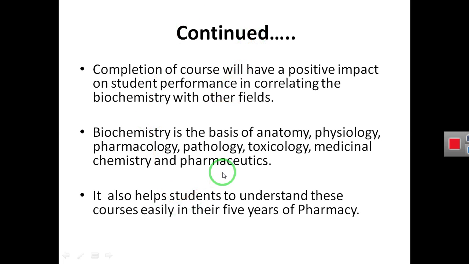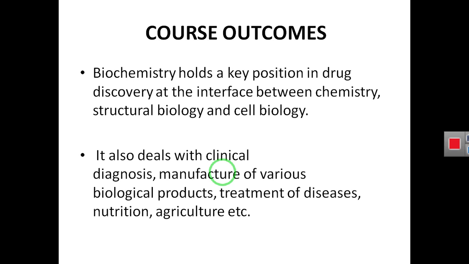What we would gain after the completion of this course is knowledge of, actually we are studying this course to understand or to carry out the process of drug discovery, because this biochemistry is correlated with various other subjects, for example pharmacology and different medical subjects.